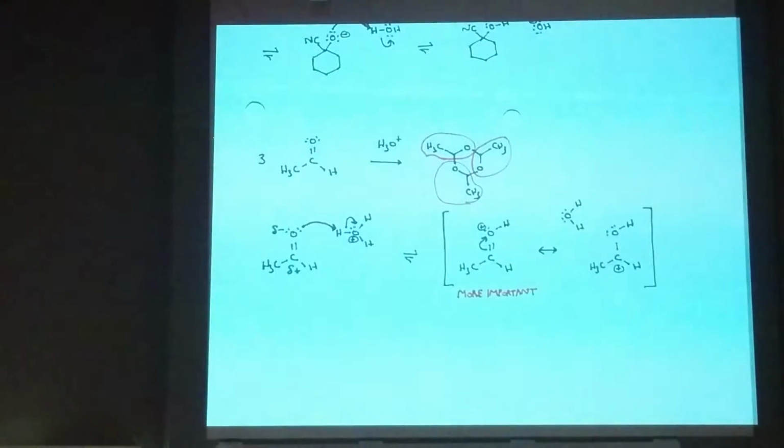If an intermediate is a resonance hybrid, it is only necessary to draw one of the contributing resonance structures. I'm not even going to ask you to draw me the most important one necessarily. You just have to draw one. So that means if that's the way it were phrased, you could give me this one, you could give me this one, it really wouldn't matter.